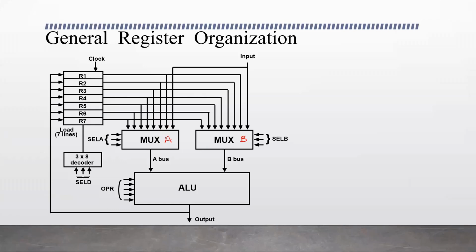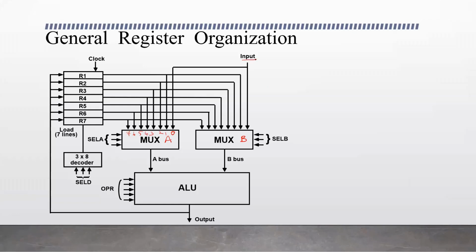Multiplexer, you know what a multiplexer is, right? It is a circuit that takes many inputs and generates one output. So we have 7 registers, 1, 2, 3, 4, 5, 6, 7. And the 0th input to the multiplexer is the external input.